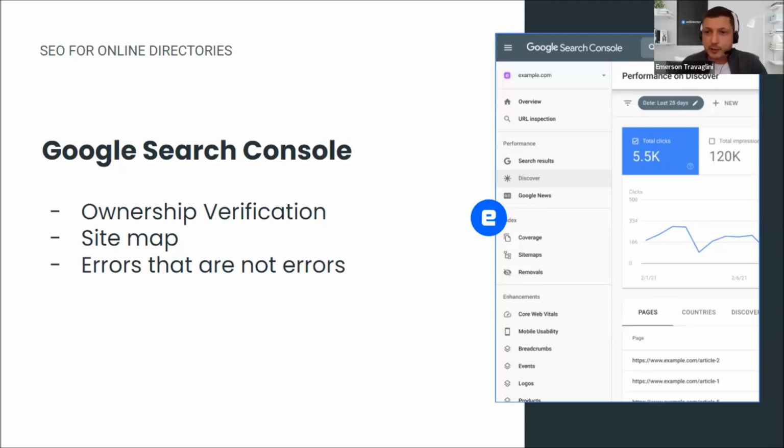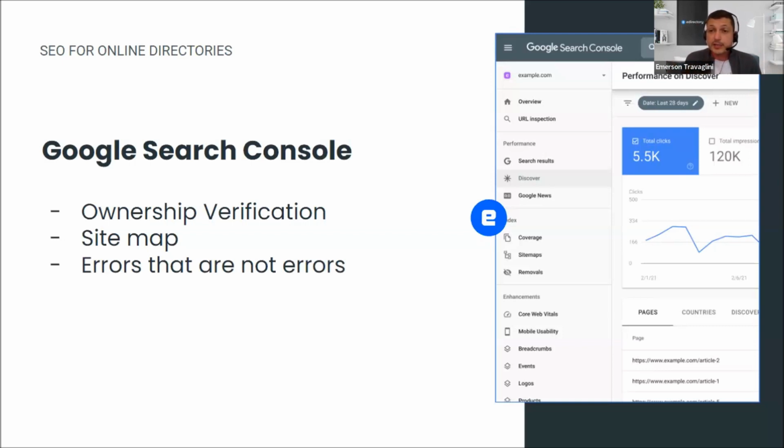Yeah, and specifically for that, one tip about Google Search Console. I answer a lot of questions from our customers regarding these errors or messages that Search Console sends to website owners. For example, I mentioned for you to focus on categories and locations.